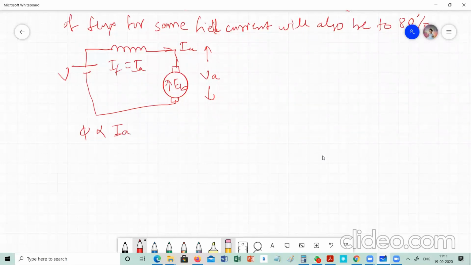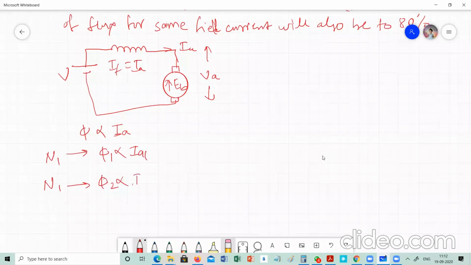Suppose first case, when the number of turns are N1, in that case we can write phi1 is proportional to IA1. And in second case, the number of turns are same, we have maintained number of turns same. And in that case, if the current IA2 changes, the phi2 will be changed. Means what?